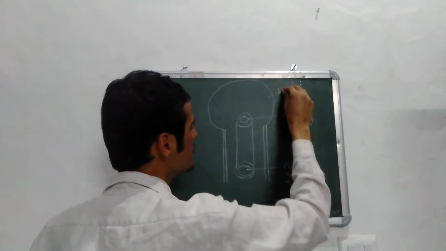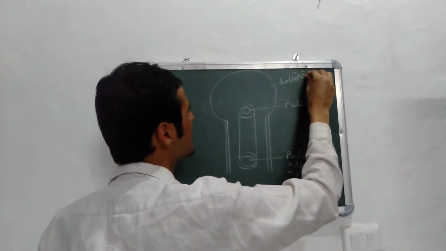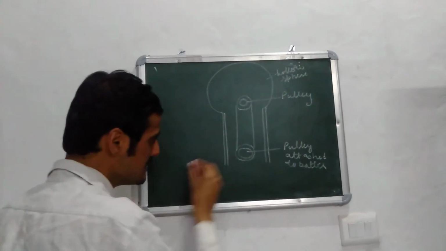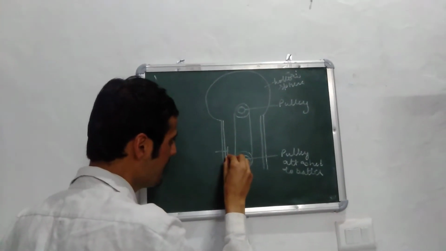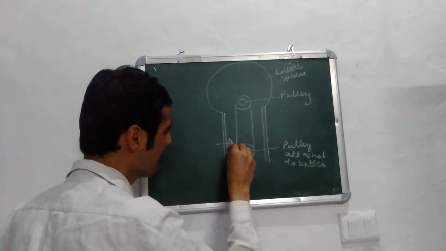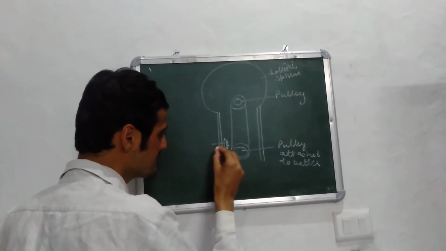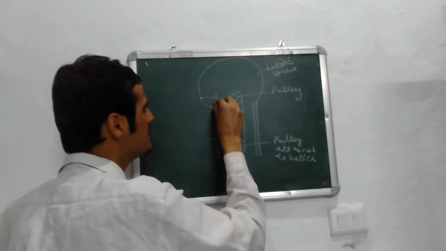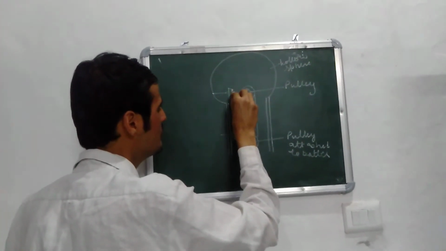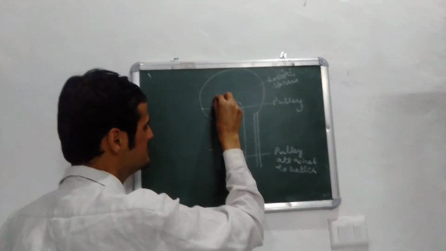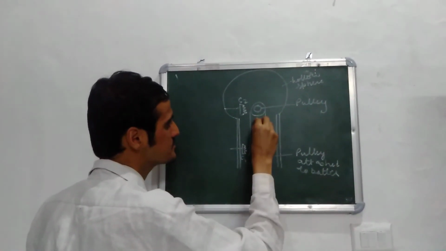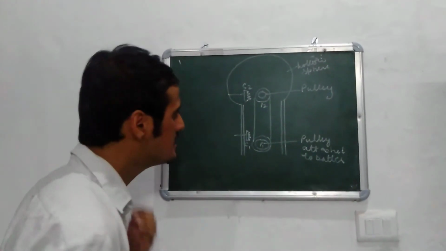It is a hollow sphere. This is a metal comb, and this is a second comb, C2, C1. These are pulleys P1 and P2.